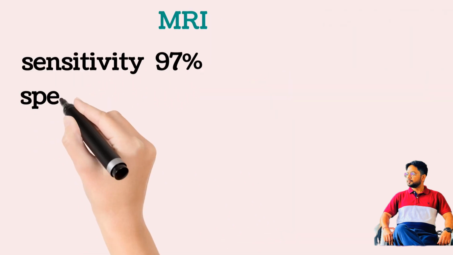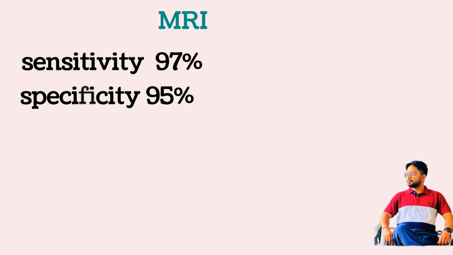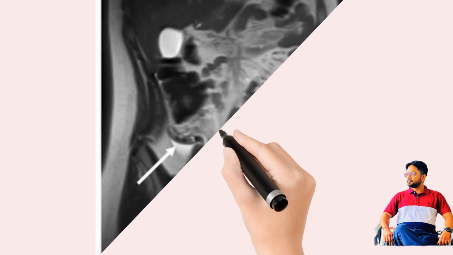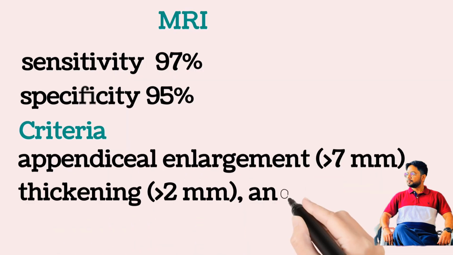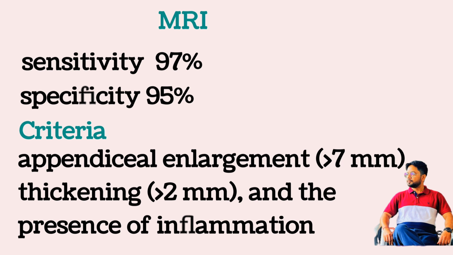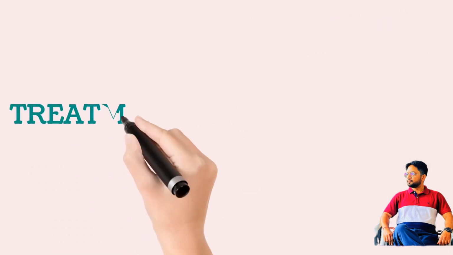MRI is typically reserved for use in pregnant women. The study is performed without contrast agent. The diagnostic criteria include appendiceal enlargement more than 7 mm, thickening more than 2 mm, and presence of inflammation. MRI has a sensitivity of 97% and specificity of 95%.